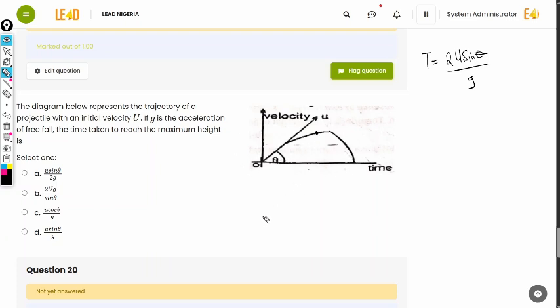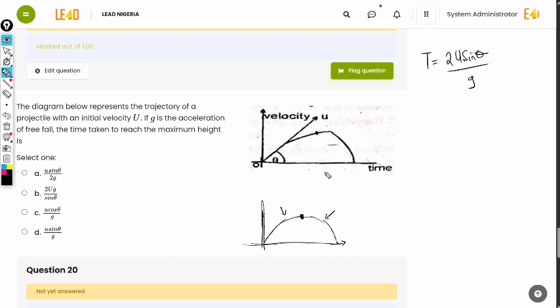Let me draw it properly. Your projectile motion is perfectly symmetrical about the maximum height, so the time it takes to get to the maximum height is the same as the time for the other part.